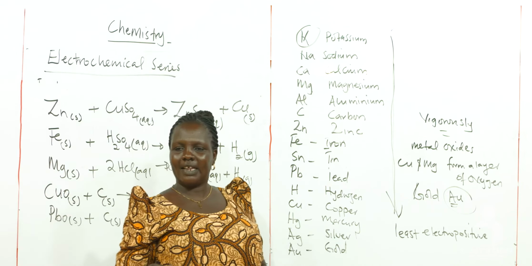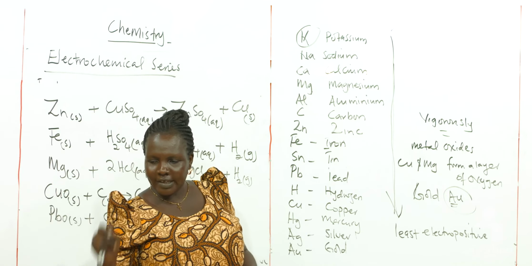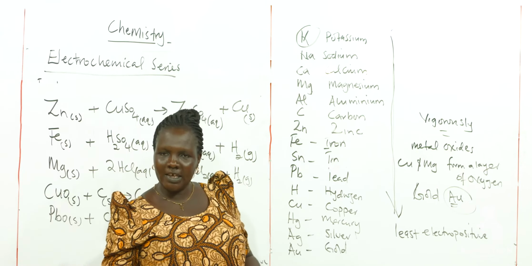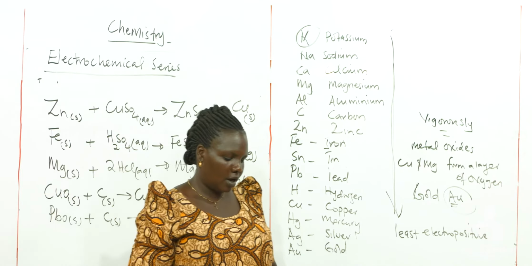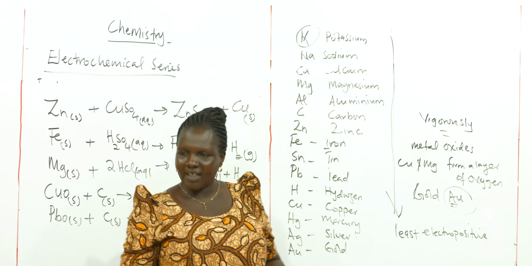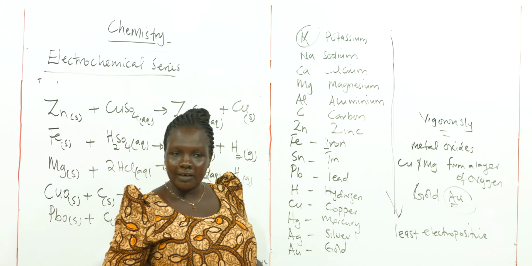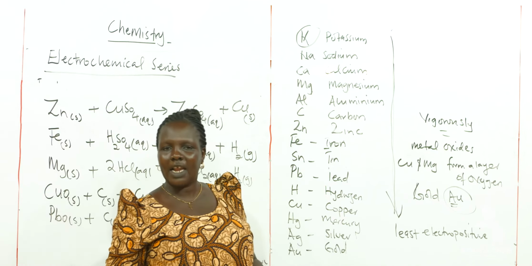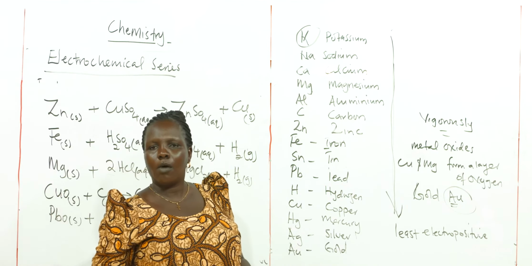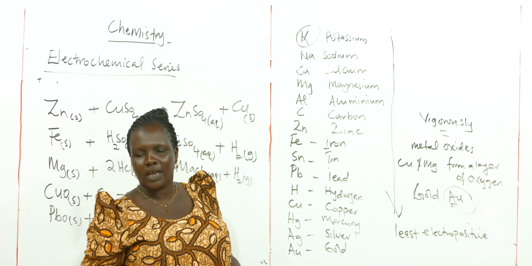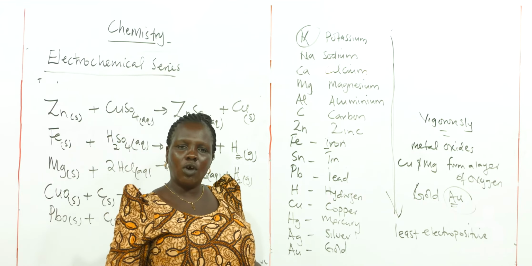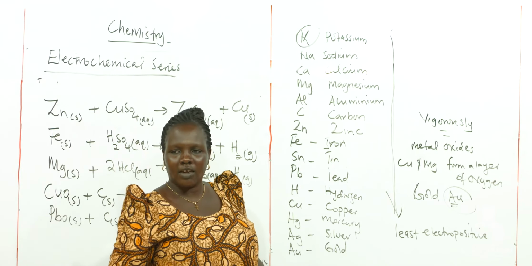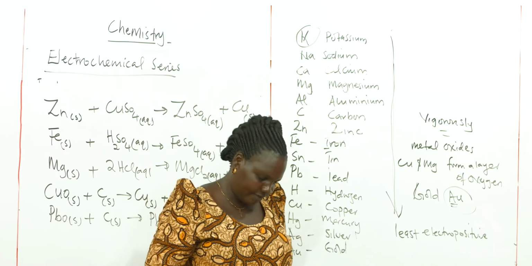And those non-metals that don't accept electrons easily are least reactive. When non-metals gain electrons, they become electronegative. So the ones that accept electrons easily are the most electronegative and the most reactive. And those that do not gain electrons easily are the least electronegative and least reactive.